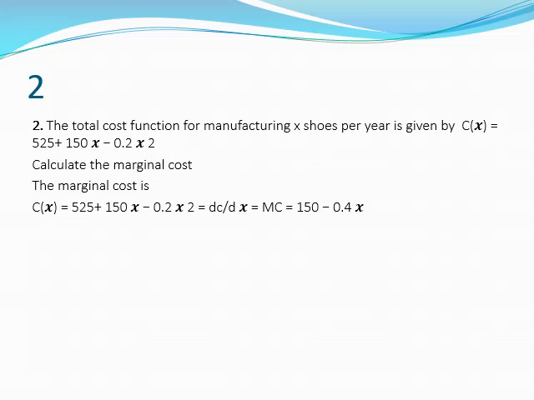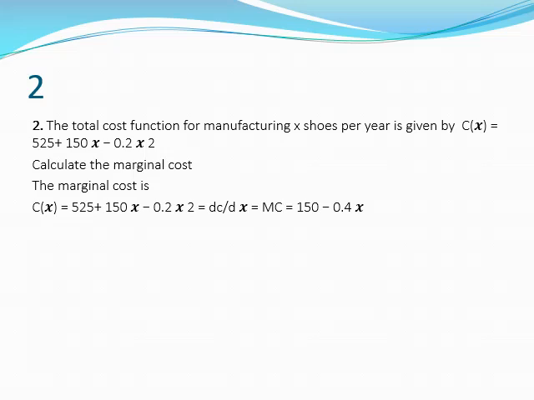Given the total cost function of manufacturing x shoes per year is given by C(x) equals 525 plus 150x minus 0.2x power 2. So the differentiation of this function is 150 minus 0.2 multiplied by 2x, which equals 150 minus 0.4x.